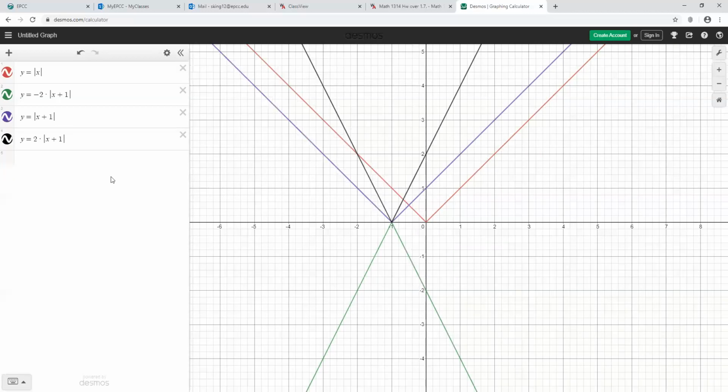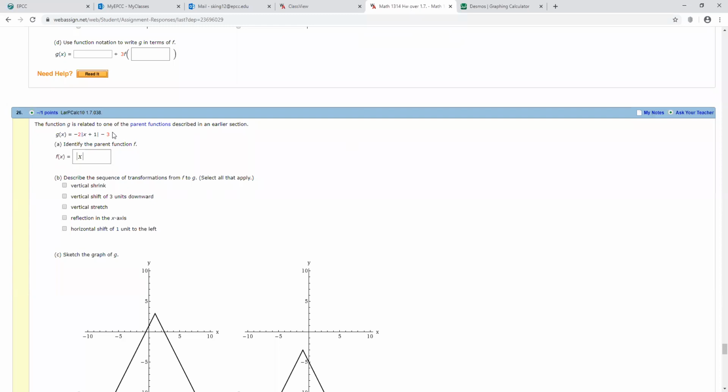And now, is there anything left? Well, there was something left on this problem. And if we go back, we just did the +1 was the horizontal translation of 1 unit to the left. This multiplied -2. The multiplied 2 is a vertical stretch. The multiplied -1 is a reflection over the x-axis.